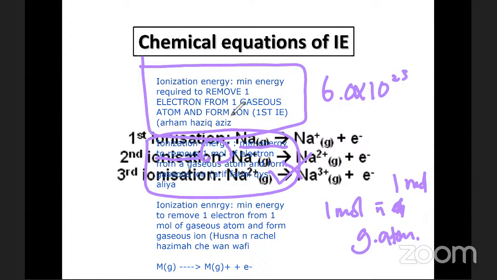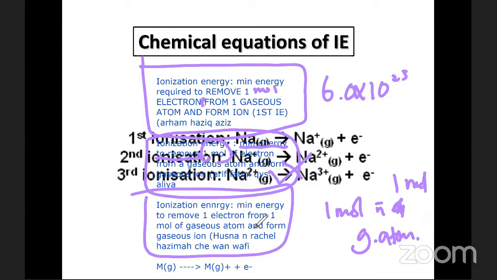To remove 1 electron from 1 gaseous atom and form ion. Ataupun to remove 1 mole of electrons from 1 mole of gaseous atom, pun diterima juga. Sama juga macam yang ketiga ni. To remove 1 electron from 1 mole of gaseous atom.